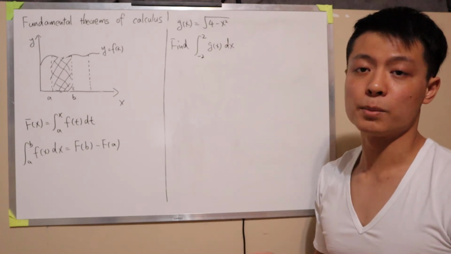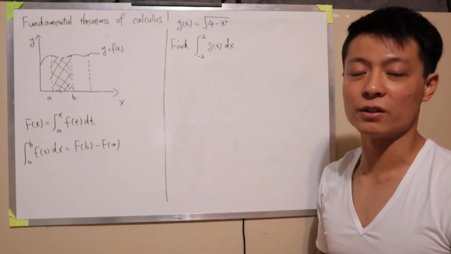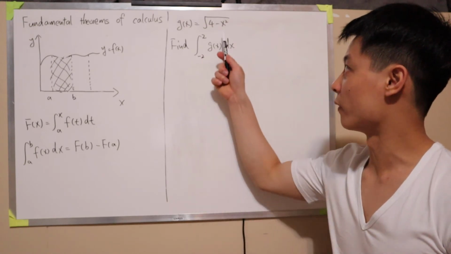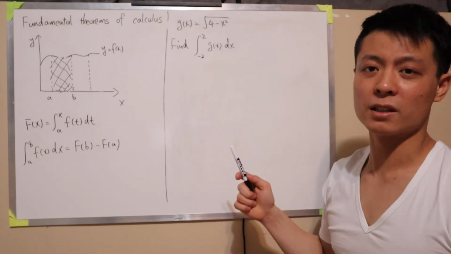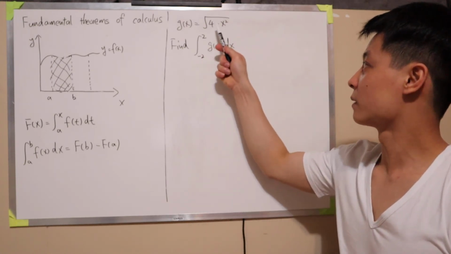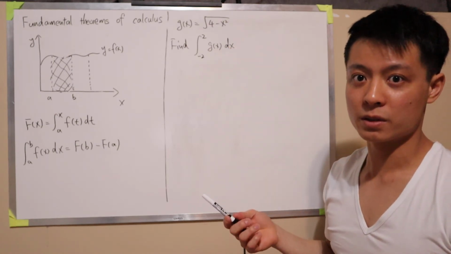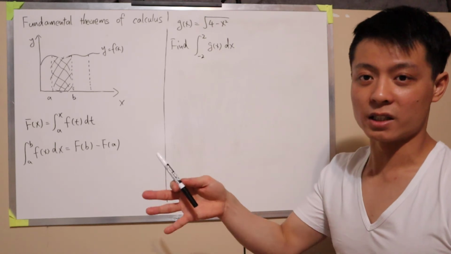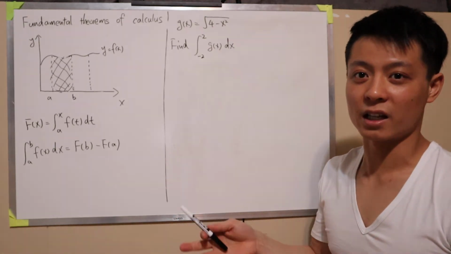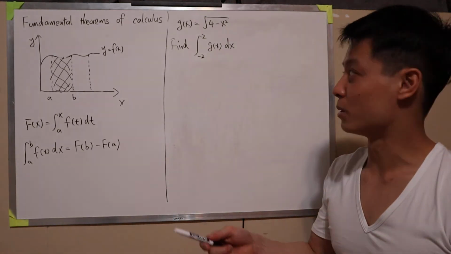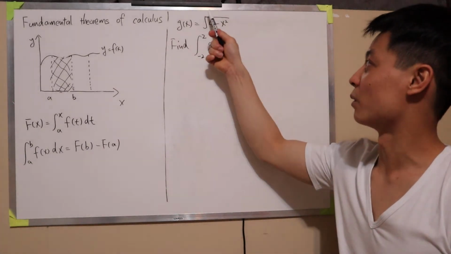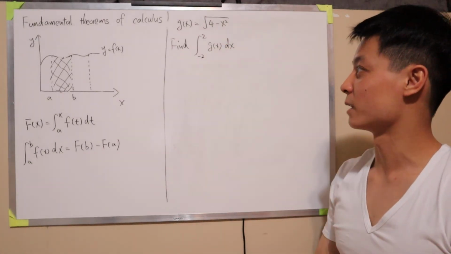If we want to use the previous method to find the antiderivative of this function, it's gonna be tough because you have 4 minus x squared under the square root. If you look at your list of integration formulas, that formula sheet, you don't see such a formula for this kind of function, right?